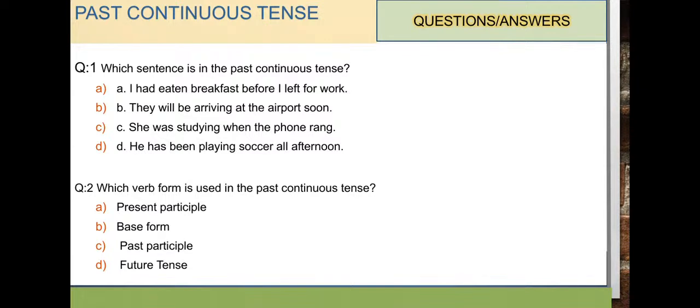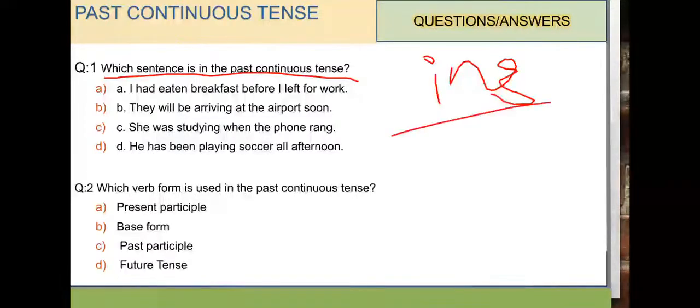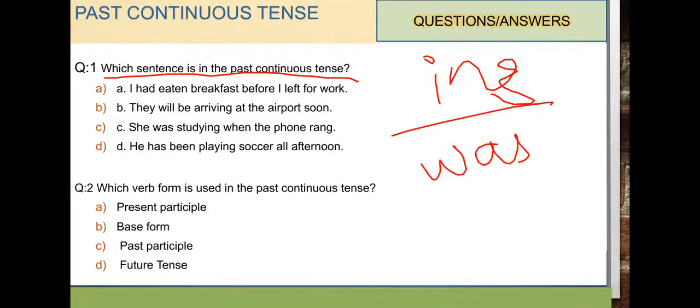Now, the first question is: which sentence is in the past continuous tense? We have to check if it has any kind of ing form of the verb, and if it is past continuous, then we'll have was or were as a helping verb. Both of these things will help us come to know if it is past continuous tense or not.